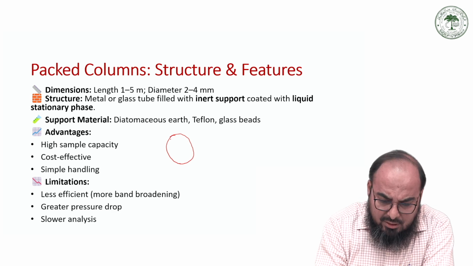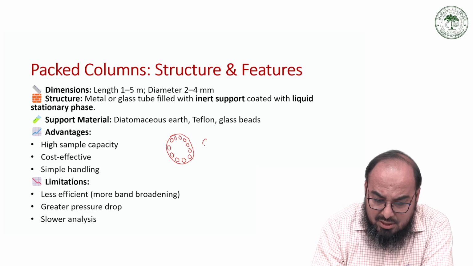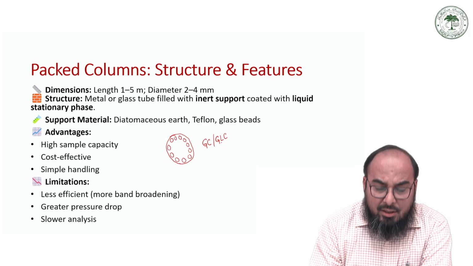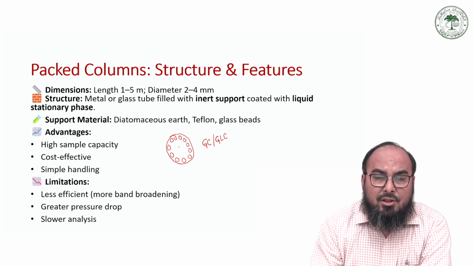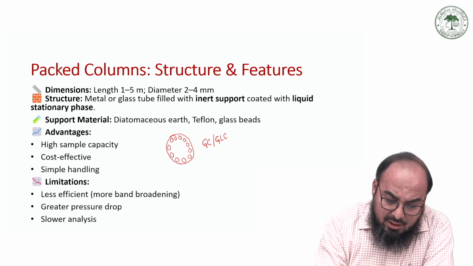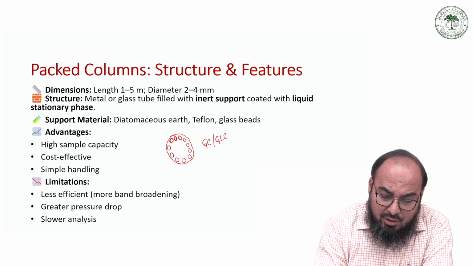Let us suppose that this packed column is for GLC, gas-liquid chromatography, or simply GC. Here the stationary phase is a liquid which is immobilized on the solid surface, covering the stationary phase particles like this.